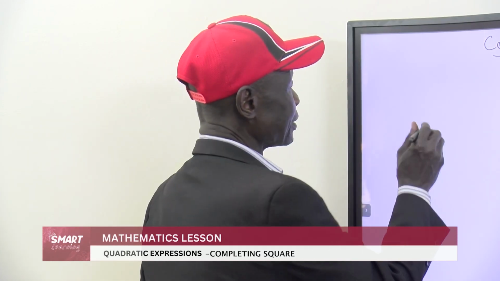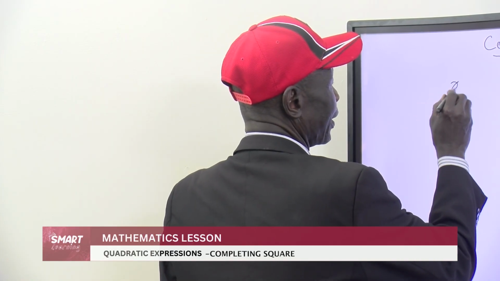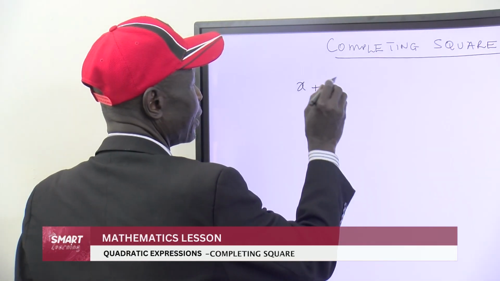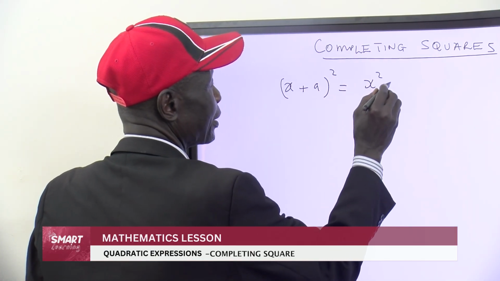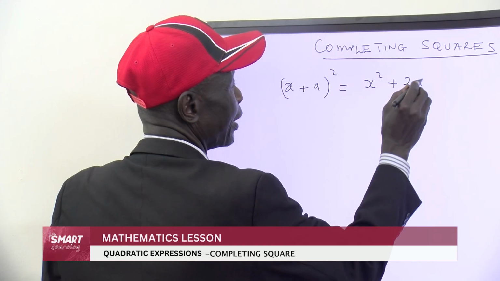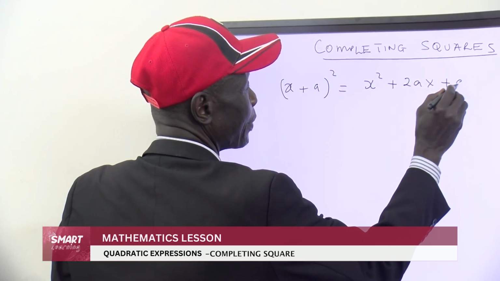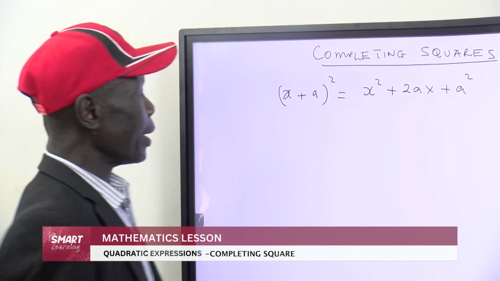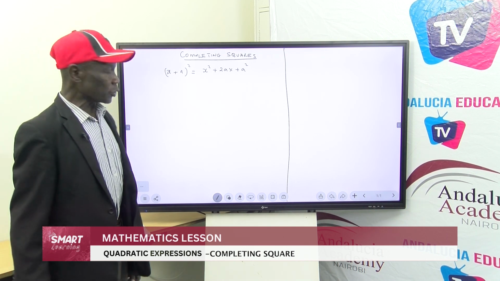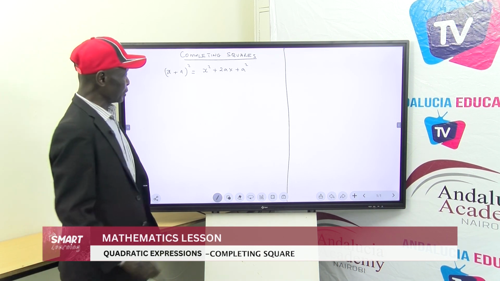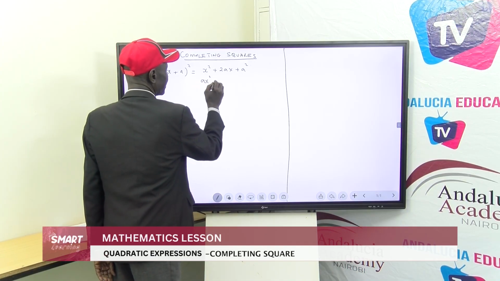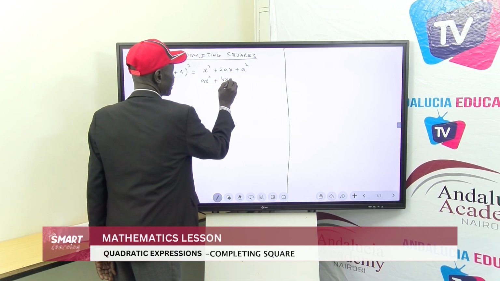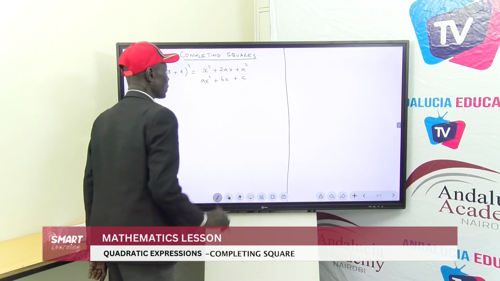We said that x plus a squared can be expanded to x squared plus 2ax plus a squared. Now, if I compare this equation with the general quadratic equation, I'm going to have ax squared plus bx plus c.